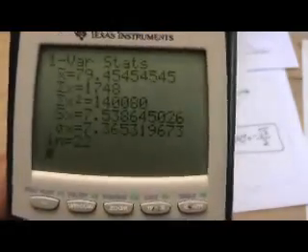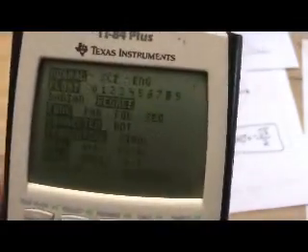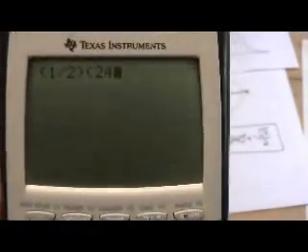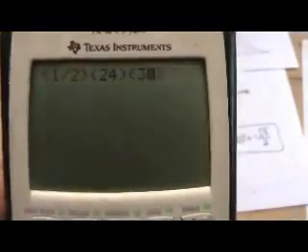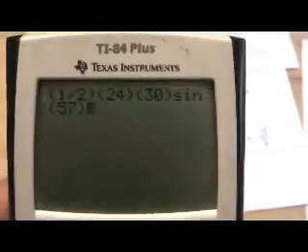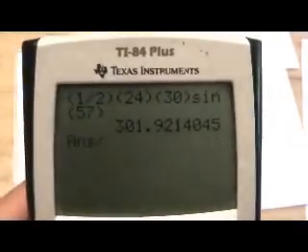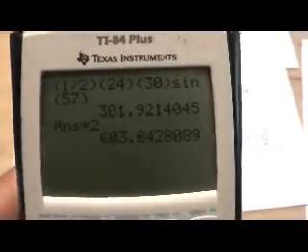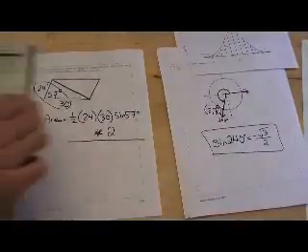So it's 1/2 24 times 30 times the sine of 57 degrees, and we want that doubled. So about 604 when we round to the nearest foot.